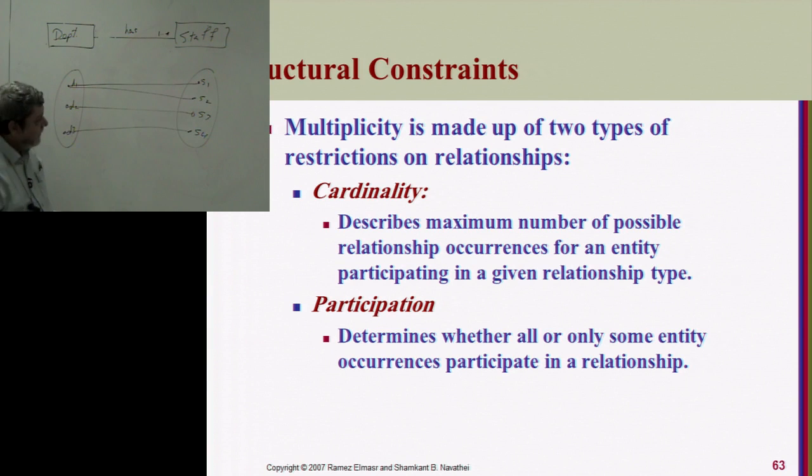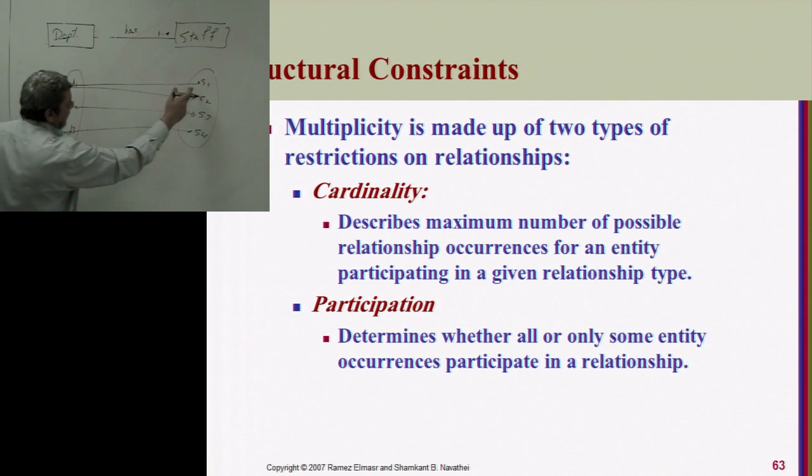Okay? And now we move to the other side, the other direction. Each staff is connected to how many, or works for how many departments? So look here. Each staff, only 1 link coming out of each one of those, right?